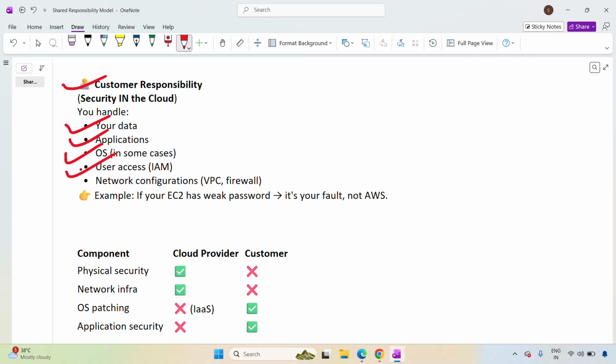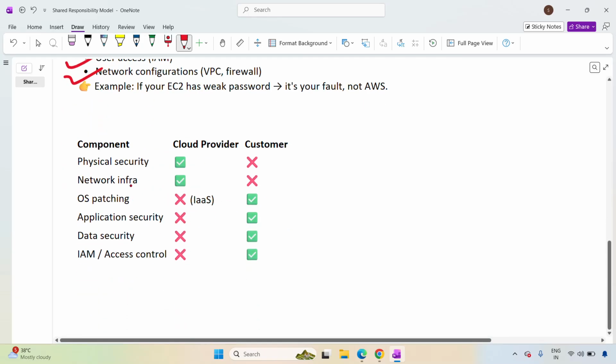So the customer's responsibility lies in data, application, operating system, giving access, and network configurations. When you configure a port, you can't keep everything open. You have to configure only the ports which are required. You have to configure only the virtual private network which can serve the request as per the client requirement and nothing more than that, right?